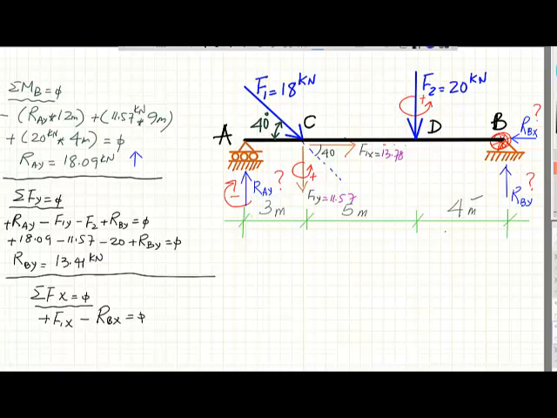F1x is equal to 13.78 kilonewton, minus RBX is equal to 0. If you isolate RBX, it will be equal to 13.78 kilonewton, and again the sign is positive, so it means the assumed direction is correct.